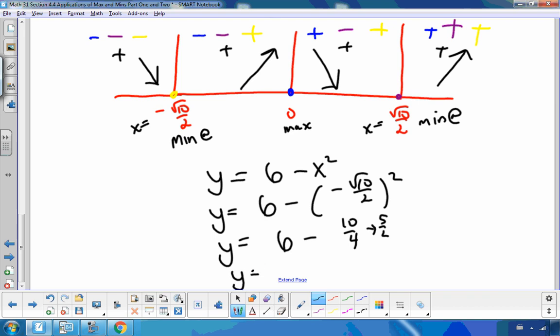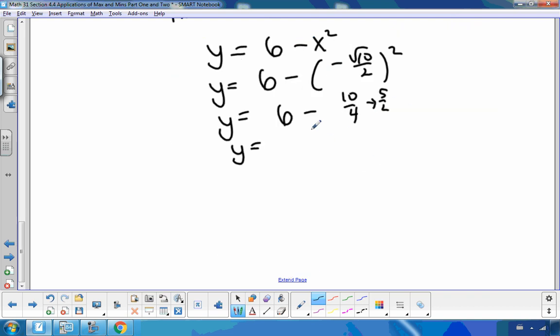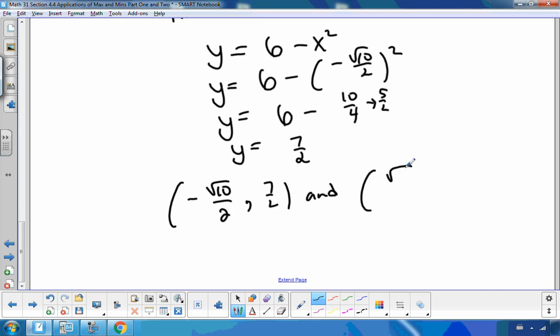So 6 take away 5 over 2. Well, 6 is 12 over 2. Take away 5 over 2 is 7 over 2. Now, because I'm squaring them, they will be symmetrical. So the points that are closest are negative root 10 over 2 and 7/2, and positive root 10 over 2 and 7/2. Those would be the points closest to 0, 3 on that parabola.